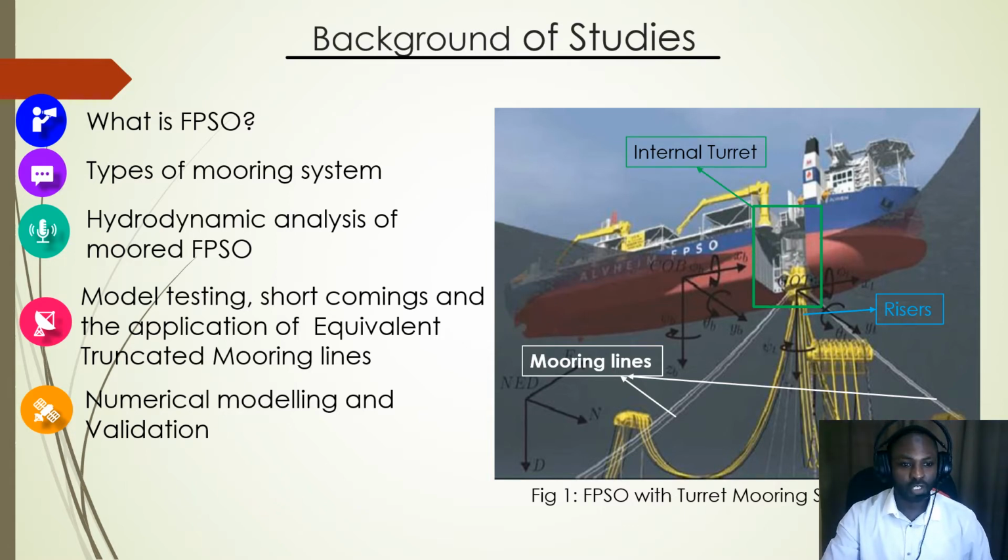Due to the limitation of wave tanks, it is sometimes very difficult to adequately proportion the mooring lines based on the water depth in question. So in such cases, equivalent truncated mooring lines are used.